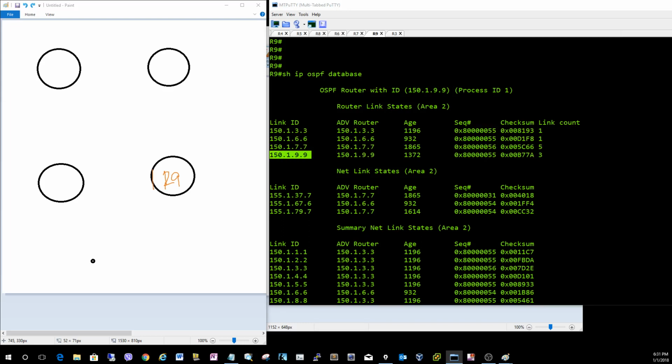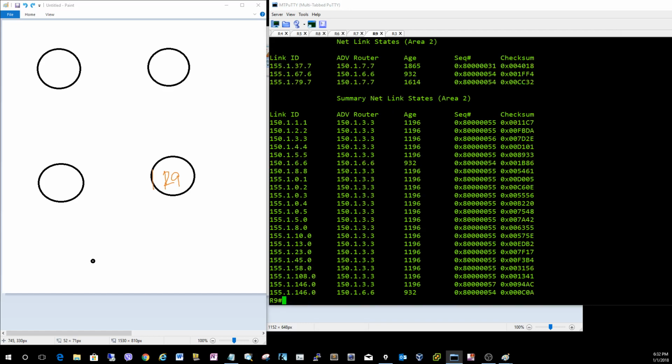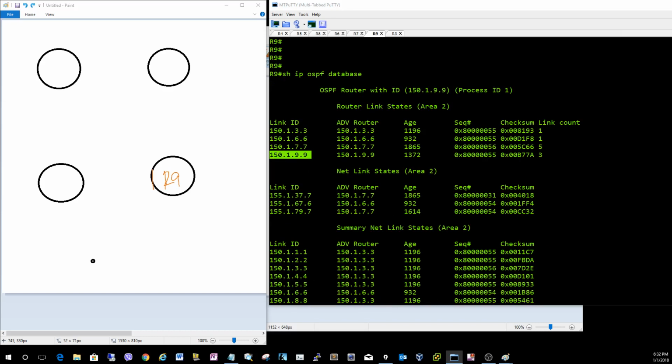It can be hard-coded, it can be the highest IP on a loopback, or it can be the highest IP configured on an interface. In this scenario, the router ID is an arbitrary IP, which means it doesn't have to be an actual IP on your network.